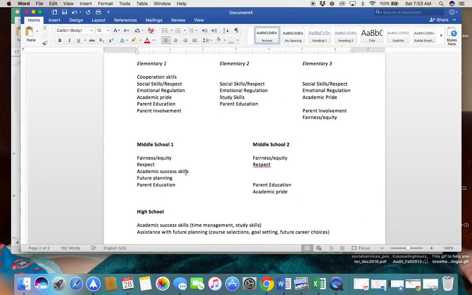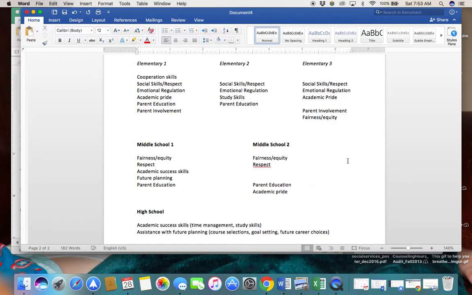And we've got academic success skills here, academic pride here. So we've got that at elementary and middle school. And then we also had a strong trend in parent education, parent involvement, that you can see at all levels except the high school.